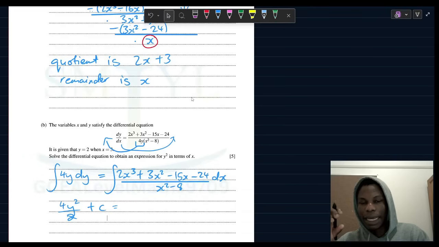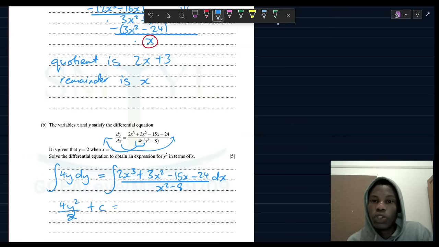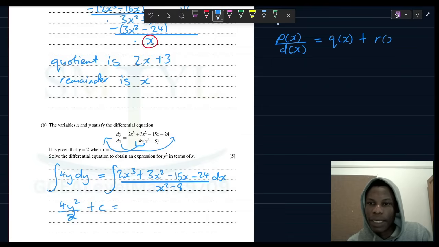So the reason we had part A here was so that we can use our results from part A to simplify this integration here. So hopefully you should know that when a polynomial is divided, the result you get is going to be the quotient plus the remainder divided by whatever your divisor was.